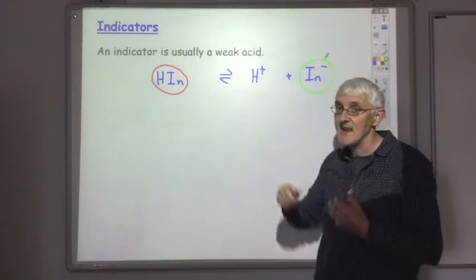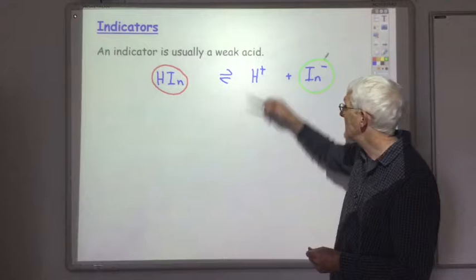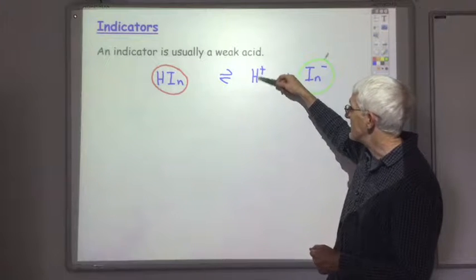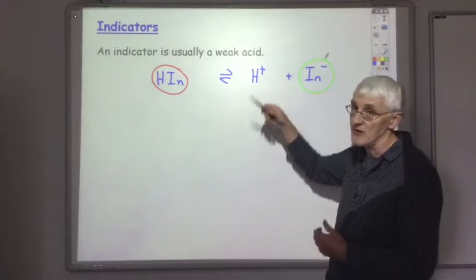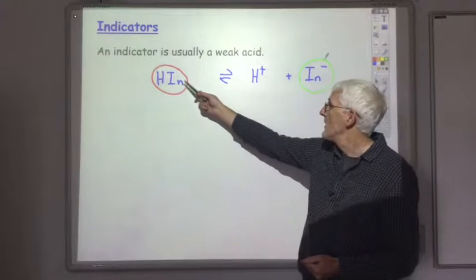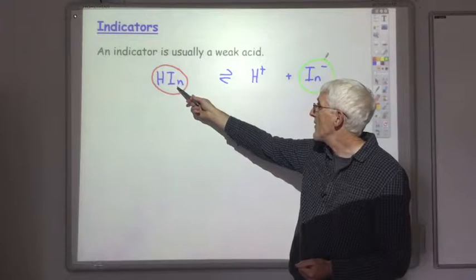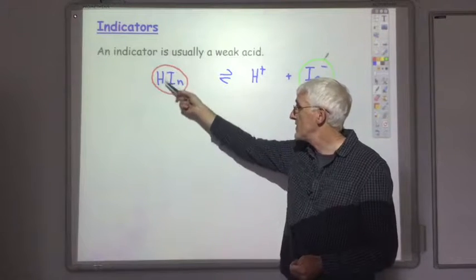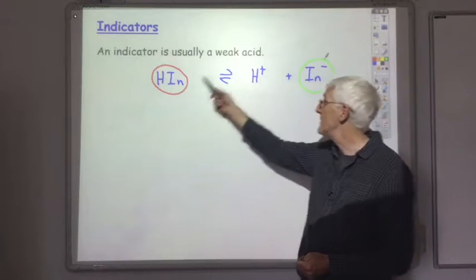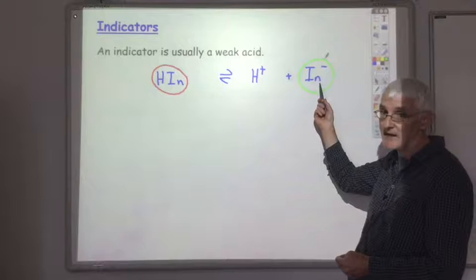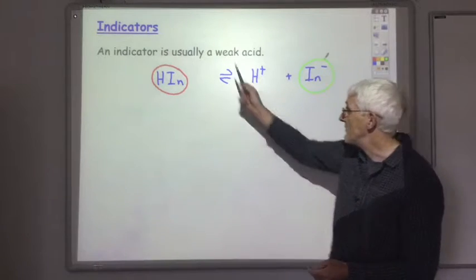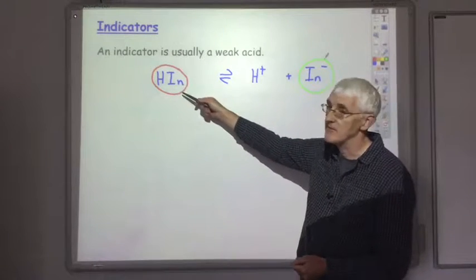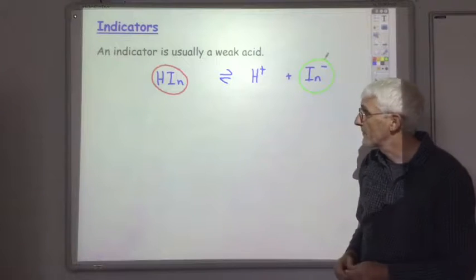But as you add hydroxide ions and you remove these H plus ions, according to Le Chatelier's principle, this molecule will dissociate further to replace the H plus ions, hence producing less of the HN molecules and more of the N minus ions, and so the colour will change from red to green.